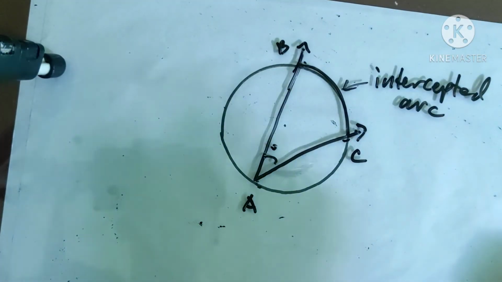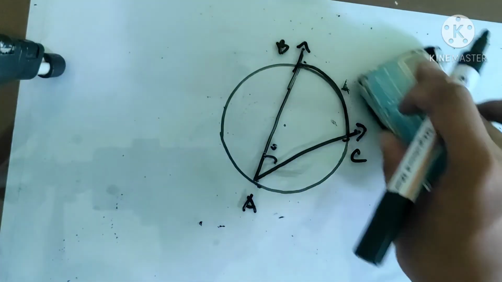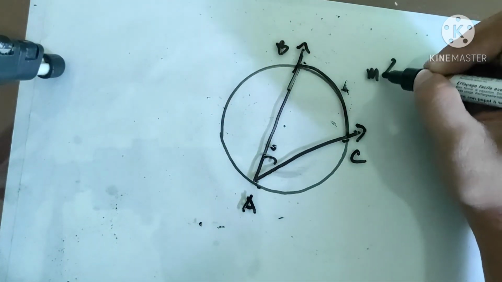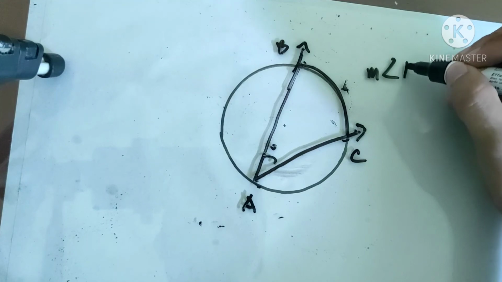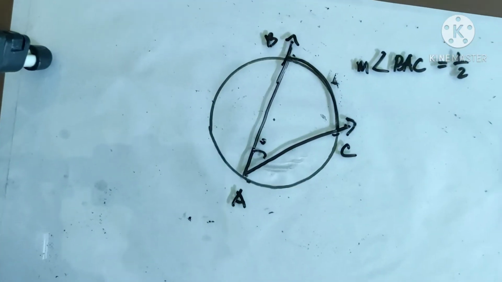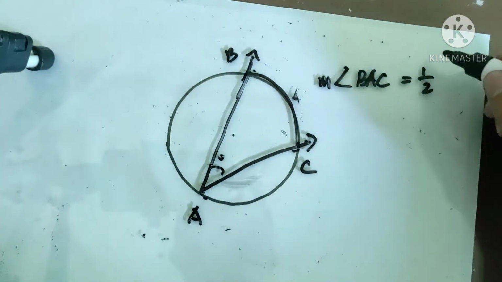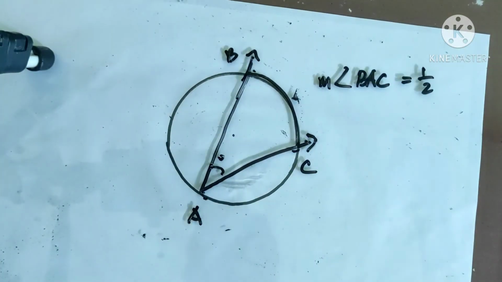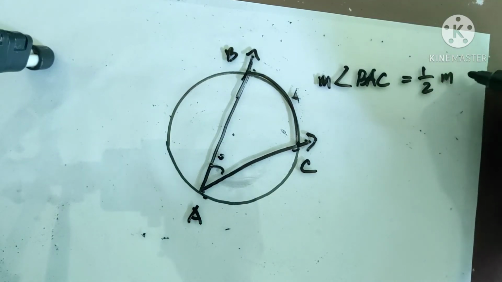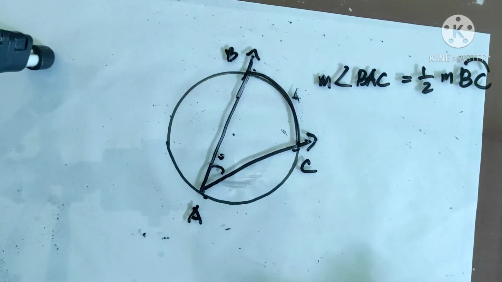Okay? So, sabi daw dito, yung measurement ni angle BAC is equal to 1/2 of measure of your arc BC.